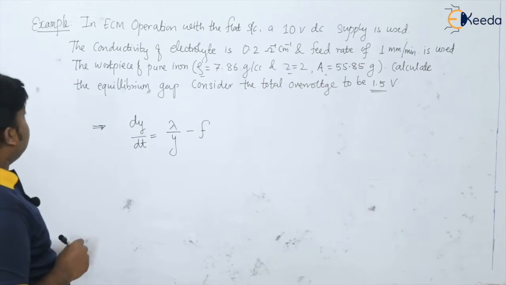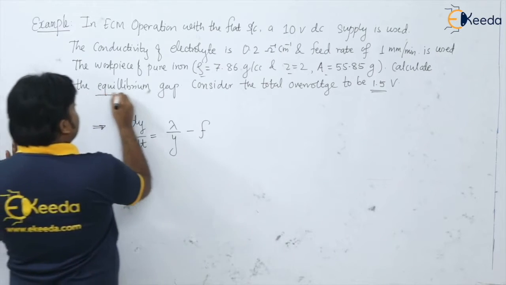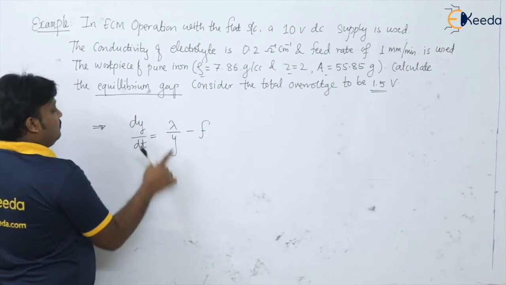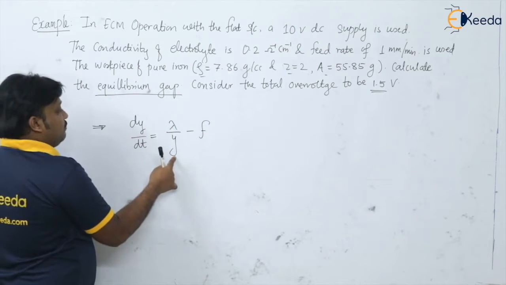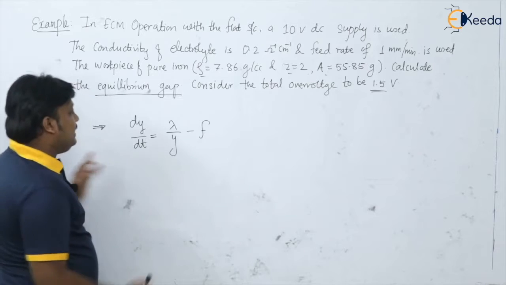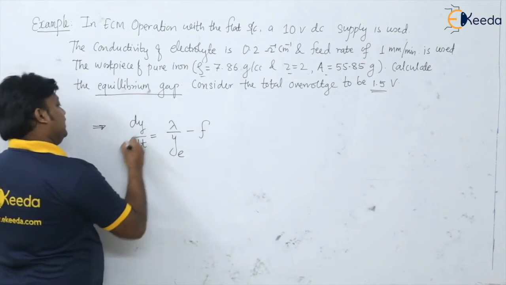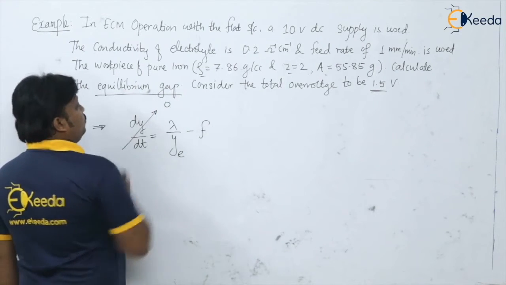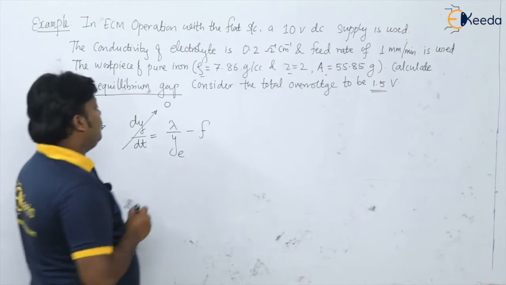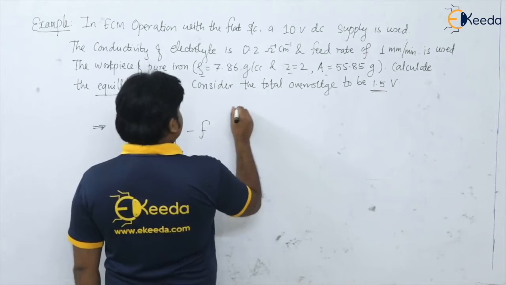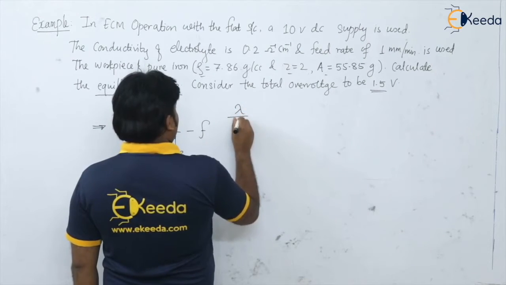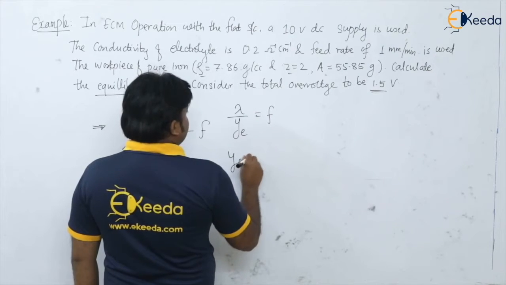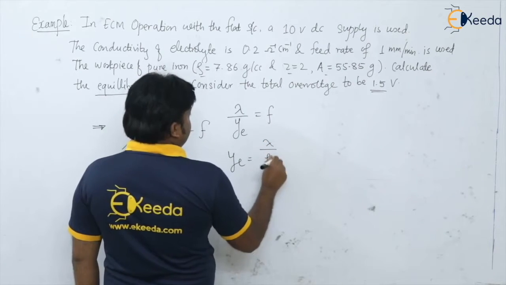Here, as we are going to find the equilibrium gap, y will be replaced by ye, and the change in gap per unit time will be 0. So what will be our equation? Lambda over ye is equal to f, or ye is equal to lambda divided by f.